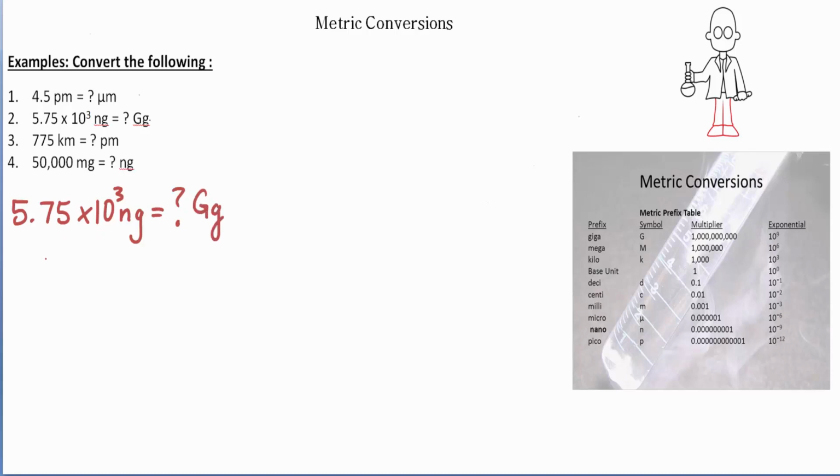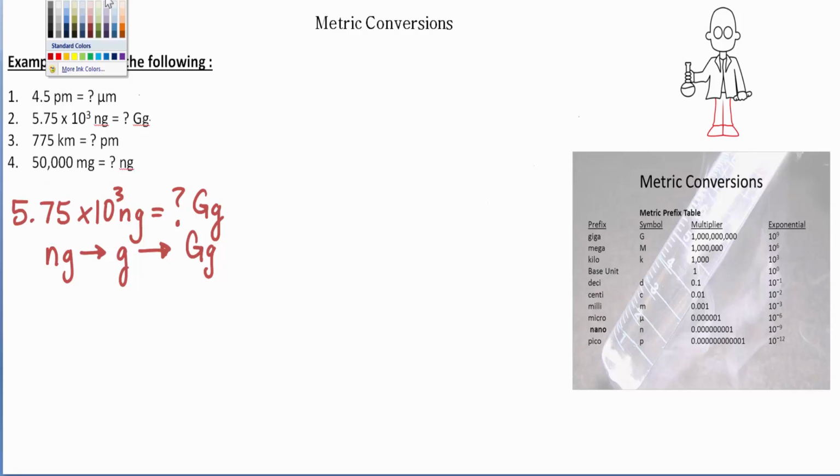So we're going to go from nanograms to grams, our base unit of grams, to gigagrams. So we will need, indeed, 2 different conversion factors: a relationship between nanograms and grams, and a relationship between gigagrams and grams.